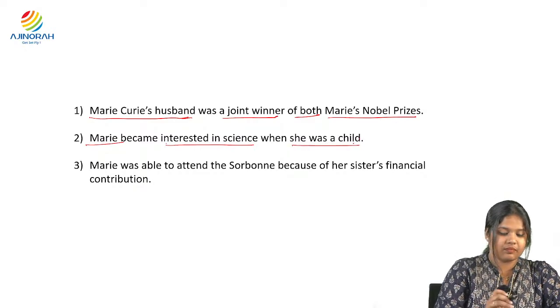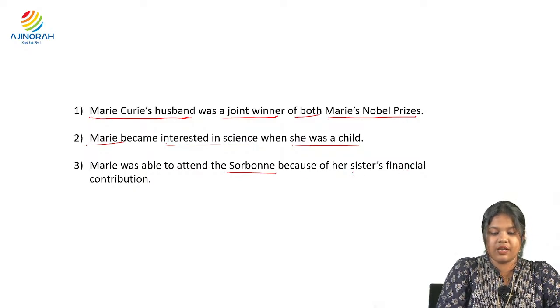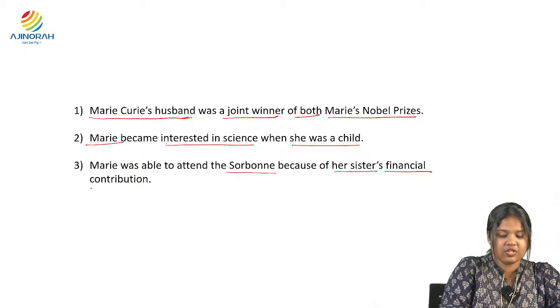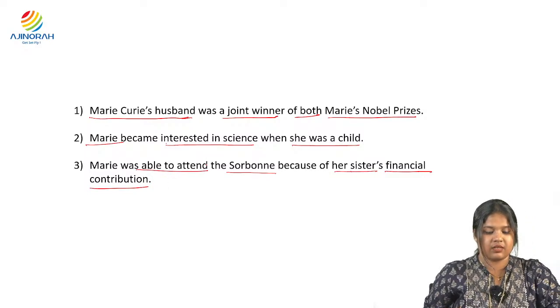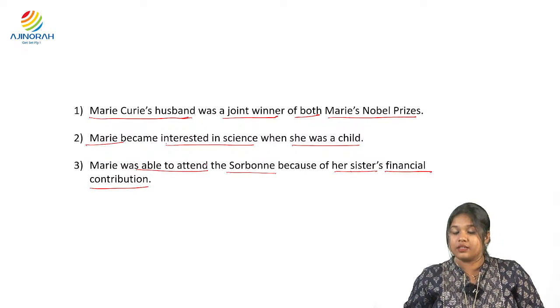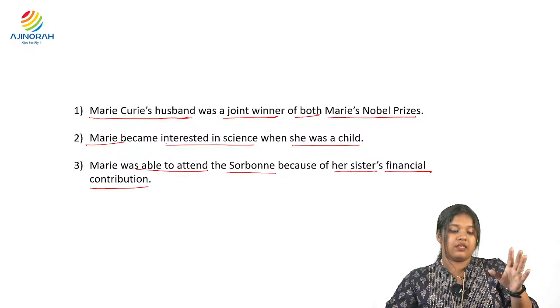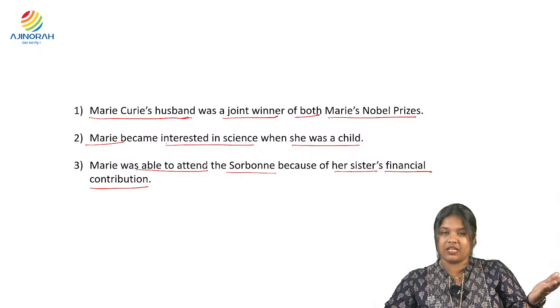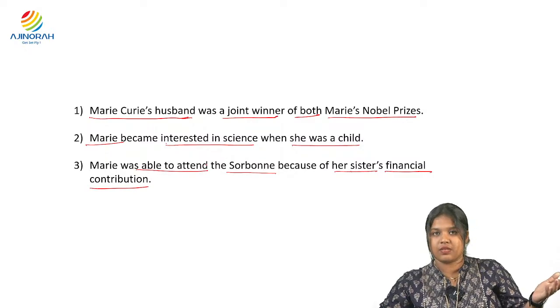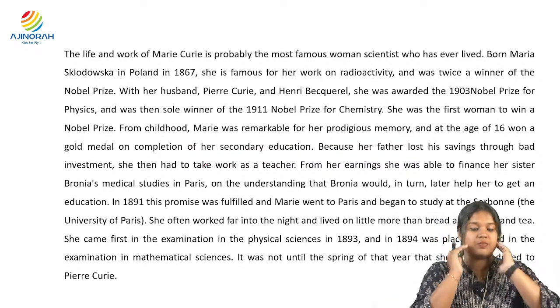Now the third one: Marie was able to attend the Sorbonne because of her sister's financial contribution. Able to attend. So these are the keywords that we have to find in the passage. Expect that they will not be giving this exact word. They can give synonyms or antonyms of the words. So we'll look into the passage.